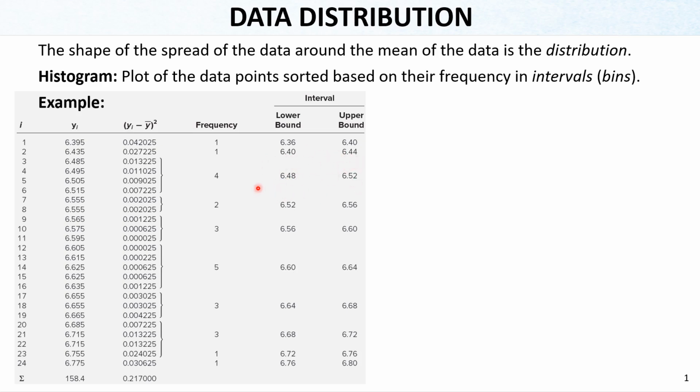Oh, no, actually this gap is because we have 4 data and we just jump to the next. So there's only one gap here, you can see. Here from 652 to 656 we have 2 data. So these are the frequencies, how many data we have. And you can see the upper and lower bound difference is the same for all intervals. And it goes up to 676 to 680, and it has only one data.